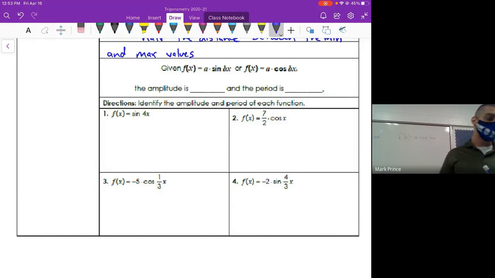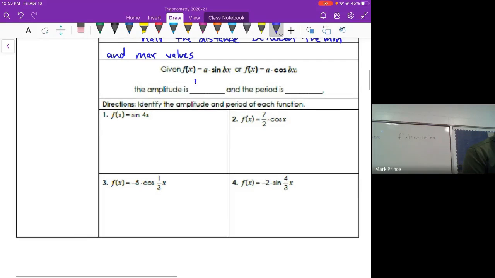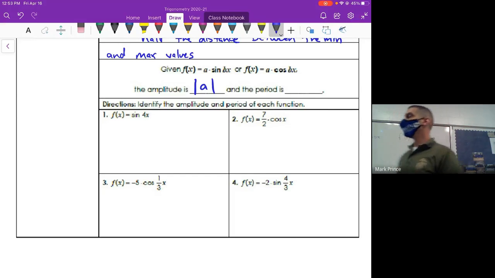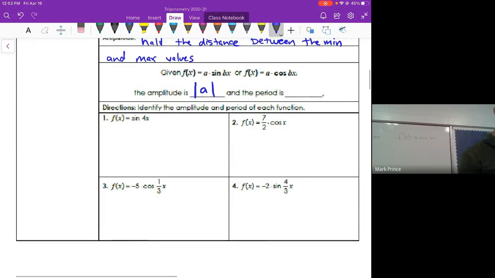To calculate the amplitude, it's the absolute value of a, because it's height. Height always has to have a positive value. You can't be negative 3 meters tall. So that's why they slap the absolute value on it. And then our period will be 2 pi divided by b.